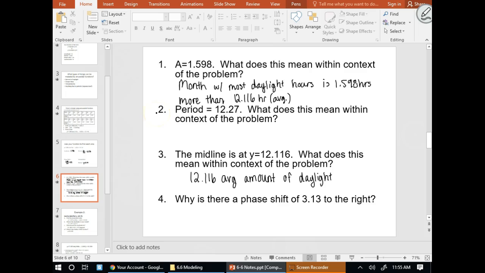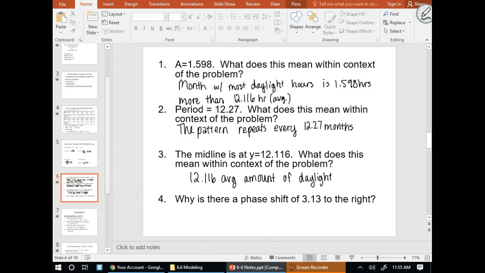Okay. Number 2, the period is 12.27. What does this mean within context of the problem? Okay, so the pattern repeats every 12.27 months.